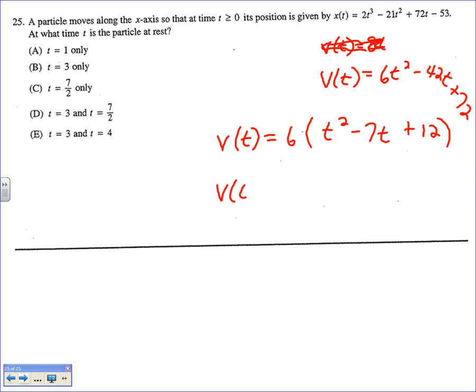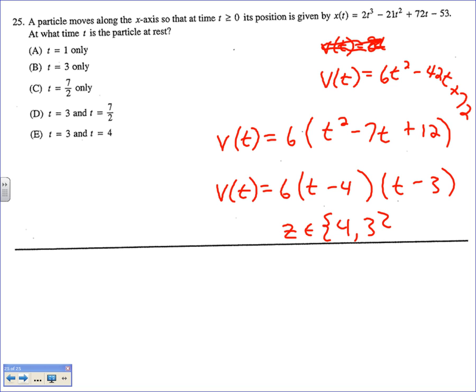So factoring further, wouldn't we have t minus 4 and t minus 3? So that would factor it perfectly, and the zeros of this factored velocity function are at 4 and 3. And so in our answer choices, it seems E is our answer for 25.